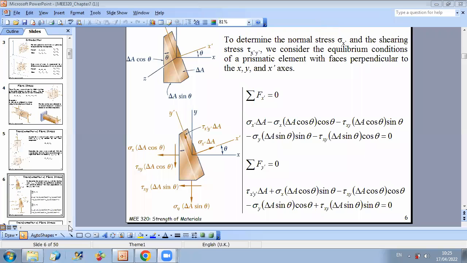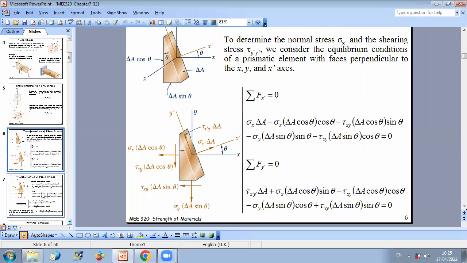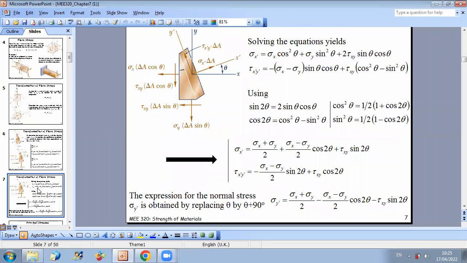So now, in summary, if we rearrange our terms, then we can say that we were able to determine an expression for sigma x prime and for tau x prime y prime. Delta A will be simplified because you have it in all terms.